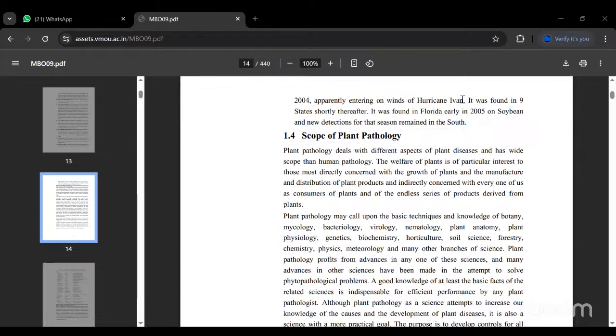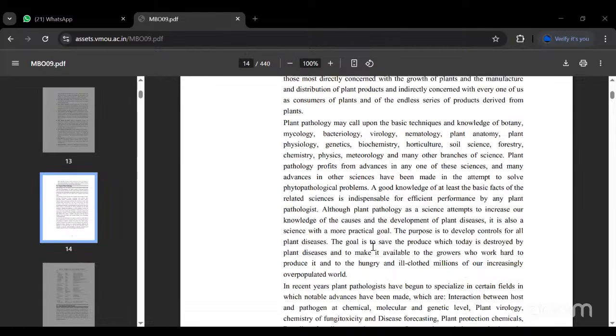A good knowledge of at least one basic factor of the related sciences is indispensable for efficient performance by a plant pathologist.